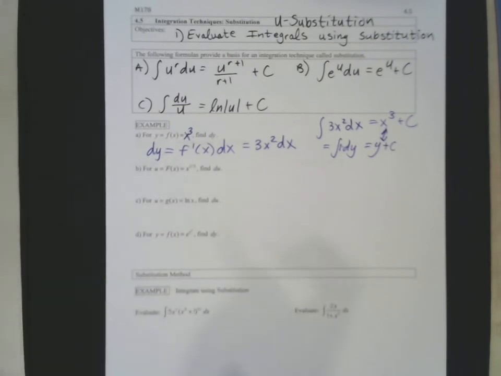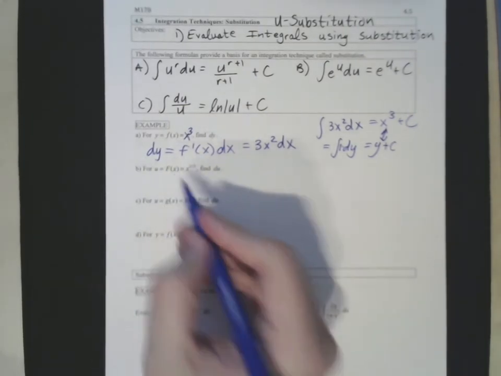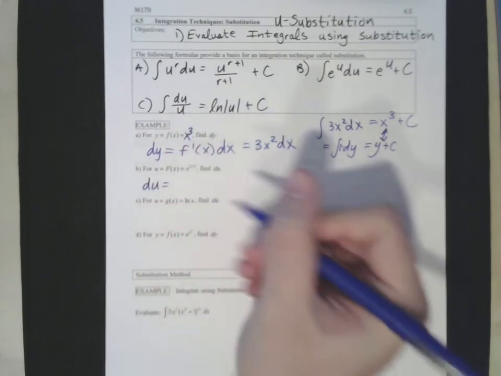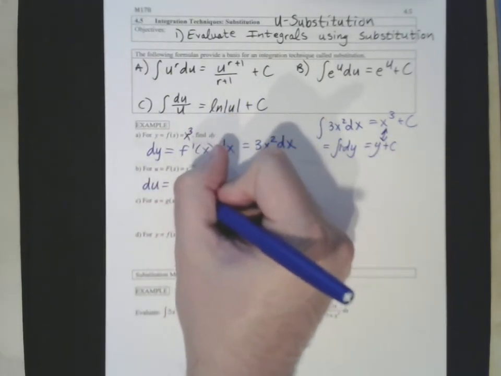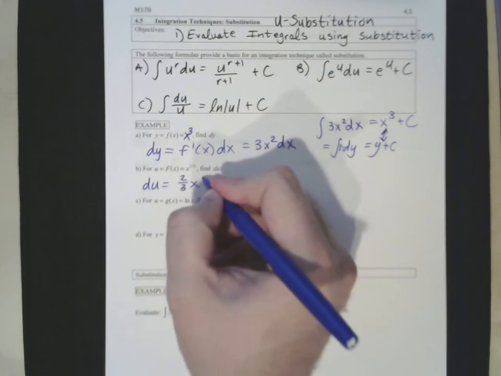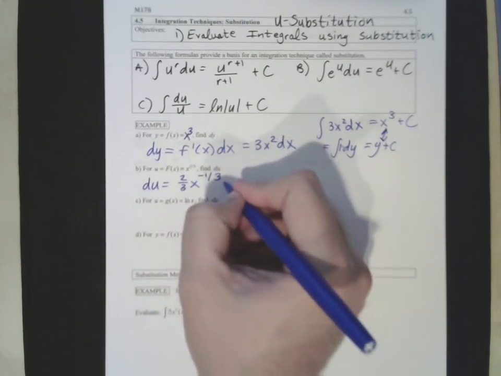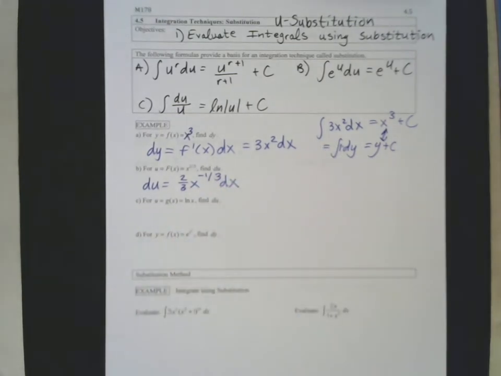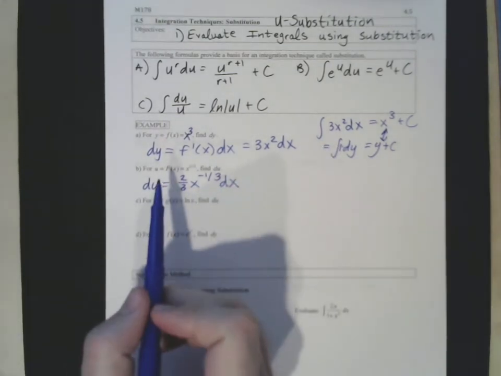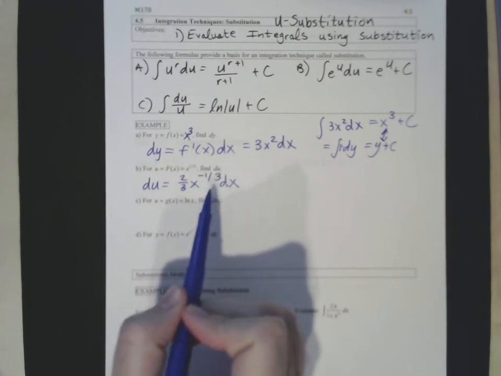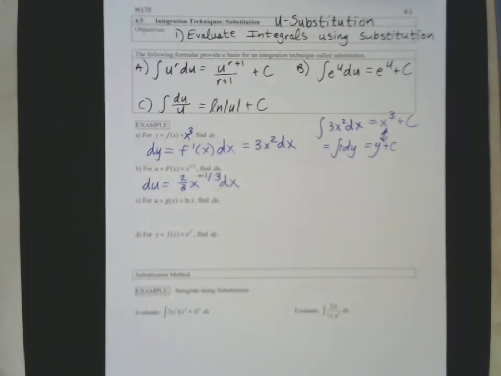So for u substitution, in part B here, we have u equals capital F of x equals x to the 2/3. So du would equal 2/3 x to the negative 1/3 dx. So if you were to integrate, you would need this whole thing to get back to x to the 2/3.